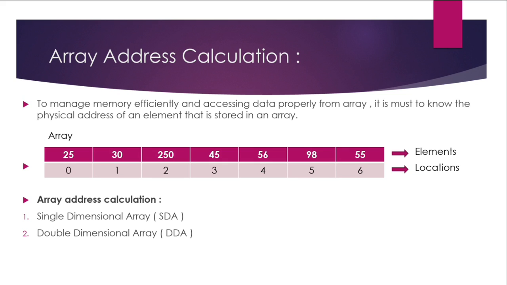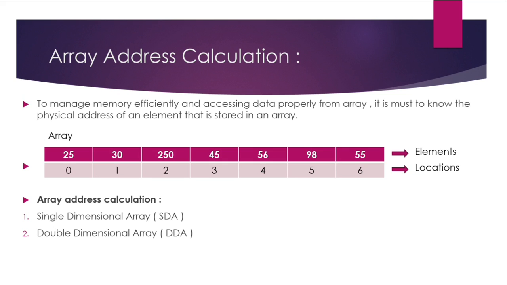So that we can access that element as fast as we can and get the result properly. You have to remember that in memory, an array is placed in rows only. Either it is single dimensional, double dimensional or multi-dimensional, anything is stored row-wise only.